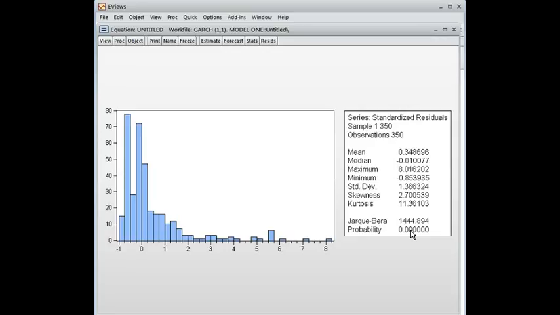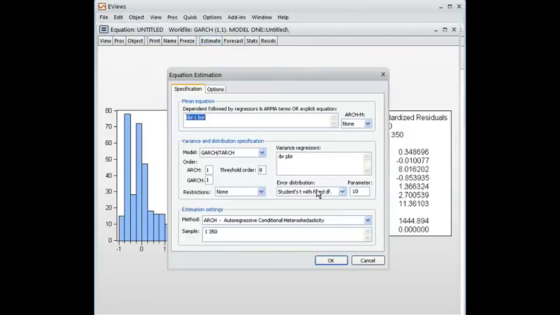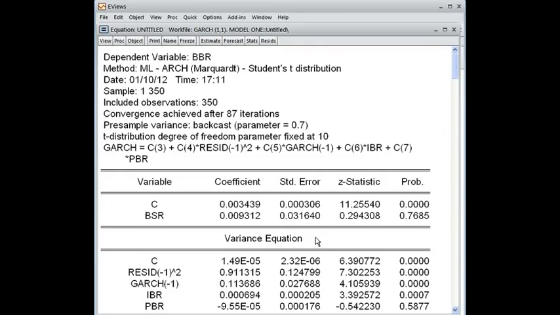What about our third model, the GED? So we go to Estimate. Okay, this one we have done right now. The third one is the GED with the fixed parameter. We run this model.